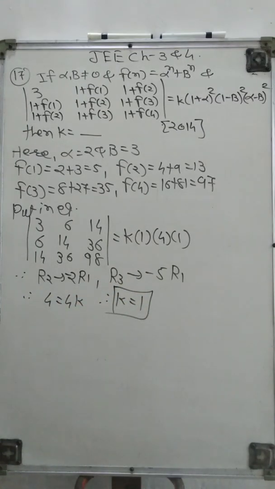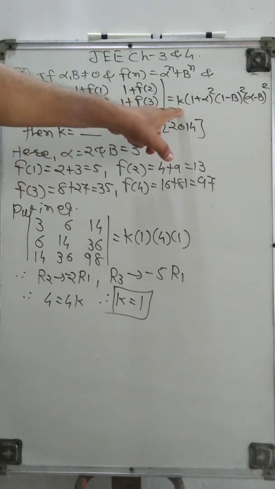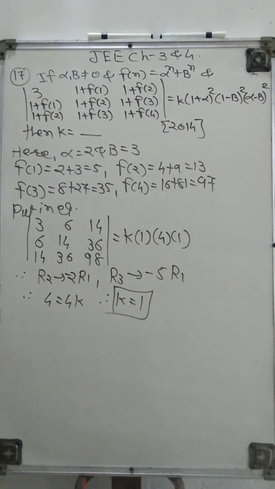I cut some process because this sum is very lengthy, and if you do it this way, it is very good and very easy for you. Some simplification is required, which is very normal for you, and then you find the answer 4 equal to 4k, means k equal to 1. So for the value of k equal to 1, this equation is solved.